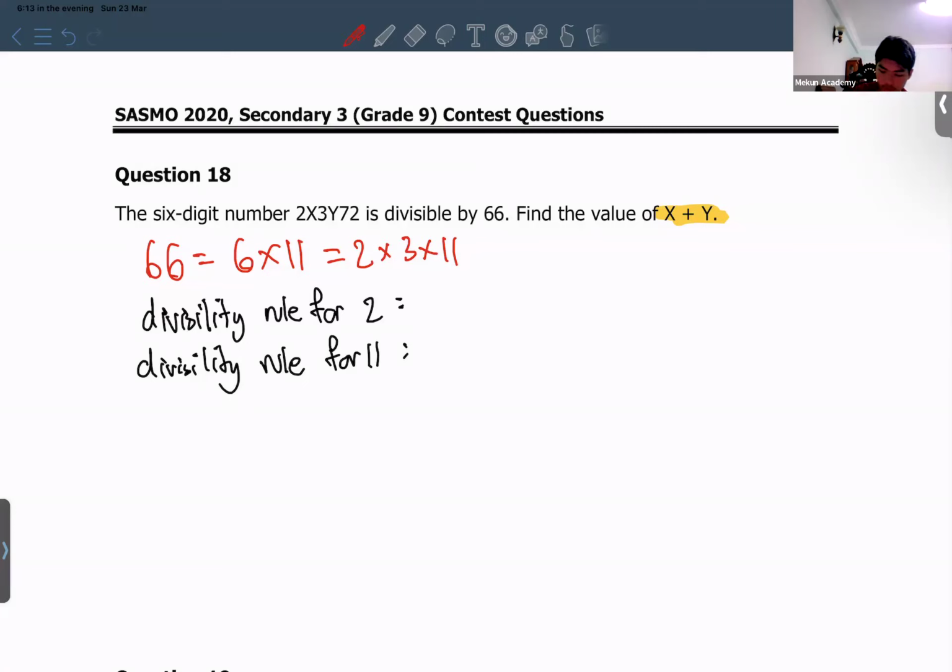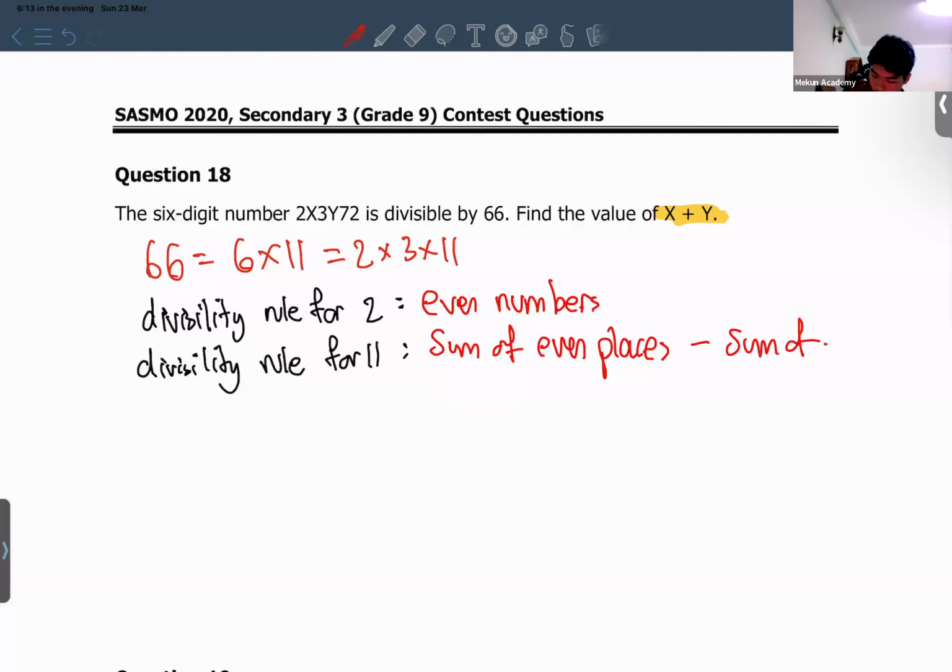For this, I will write it first. And for 11, the sum of even places minus the sum of odd places must equal 0.